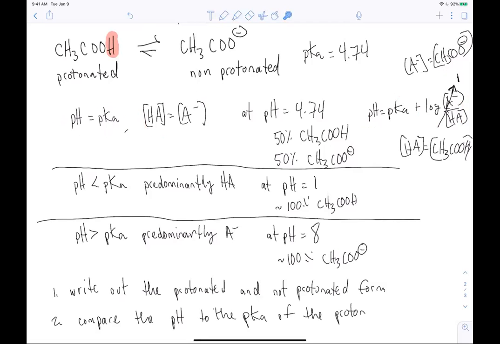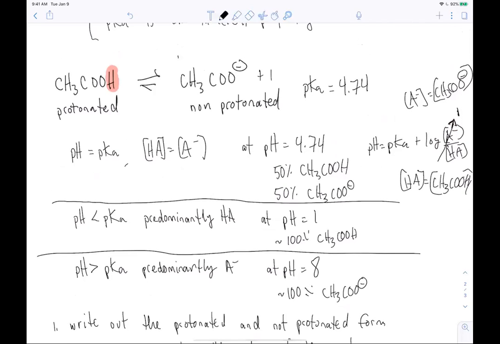And then you can see what happens as you change this ratio. As I start to increase, well, I guess you have to consider the pH here. As I start to decrease the pH, what do we expect to happen? Well, if I'm making it more acidic, and I'm thinking of this in terms of Le Chatelier's principle, so I'm lowering the pH, that means I'm adding in more protons.